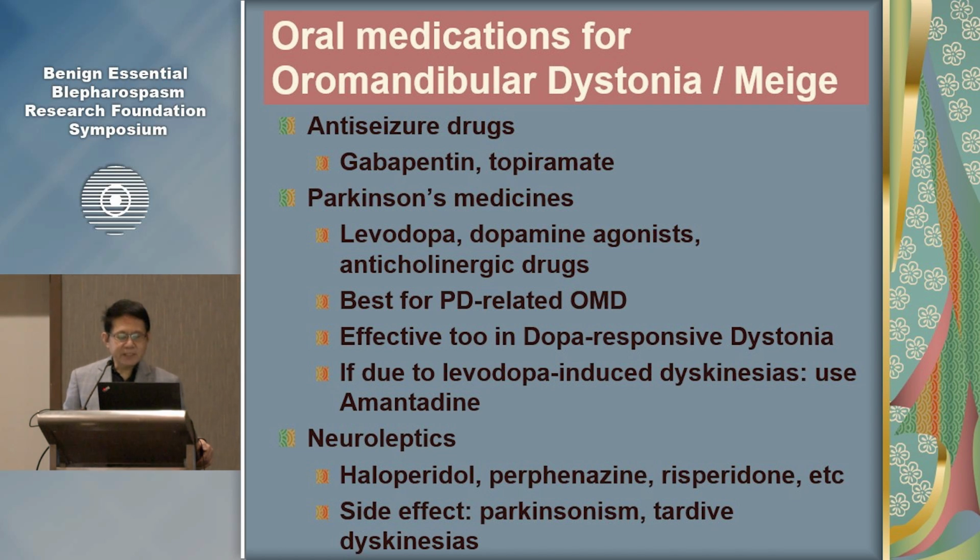And then sometimes I see patients that are overdosed with their levodopa, so to speak, and one of the manifestations of their more advanced Parkinson's would be what we call levodopa-induced dyskinesias. And again, this is in the Parkinson's population. And I use a drug called amantadine. So amantadine helps Meige-like symptoms or presentation in patients with levodopa-induced dyskinesias in the Parkinson's population.